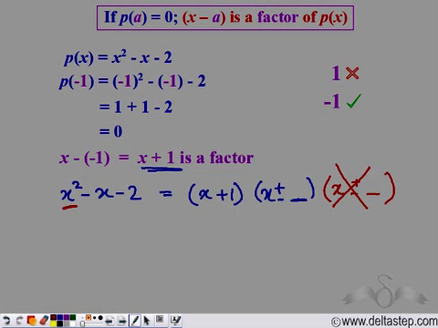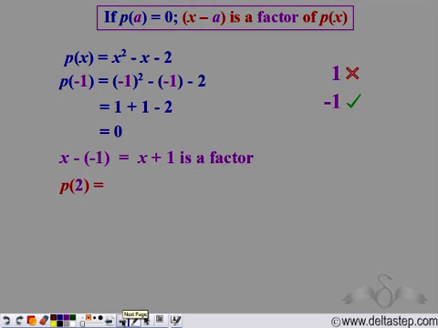So let us try some more values and check when we get P(x) equal to 0. Let us check for 2 now. What is P(2)? 2 square minus 2 minus 2. 2 square is 4. So we have 4 minus 2 minus 2, which is equal to 0. 4 minus 2 is 2. 2 minus 2 is 0.